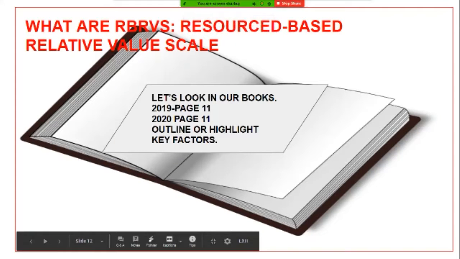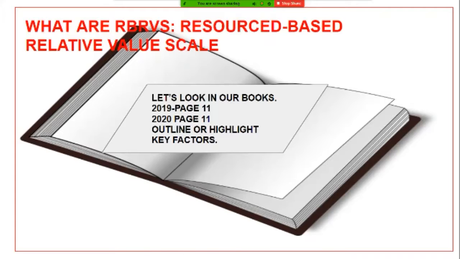Okay, so what are RBRVS's? Resource-based relative value scale. So on 2019, it's page 11, and on 2020, it's page 11 also. I've gotten used to just putting the two different editions on.